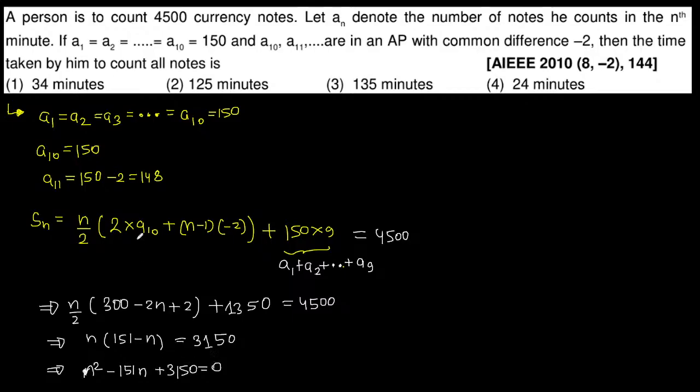So what is n? Total time equals n plus 9, so find n. Solve this quadratic.